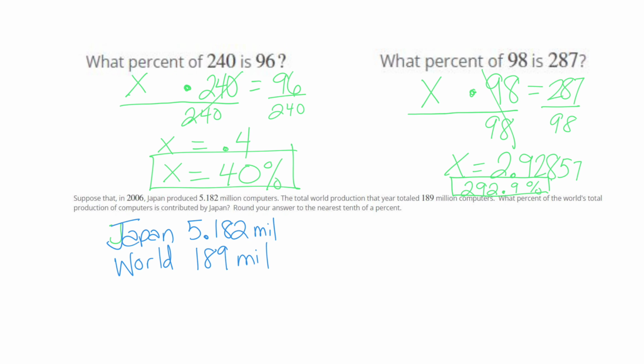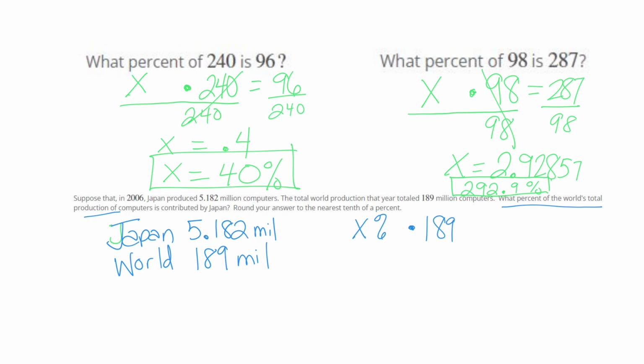What percent of the world's total production of computers is contributed by Japan? Now that statement right there tells you exactly how to set up your equation. It says what percent, so that's what I'm looking for. X is my percent, so what percent of the world's production, 189.